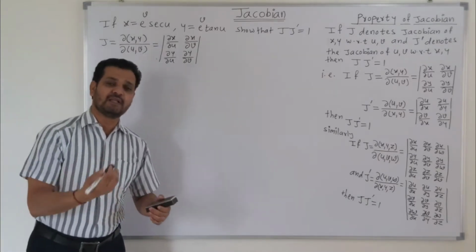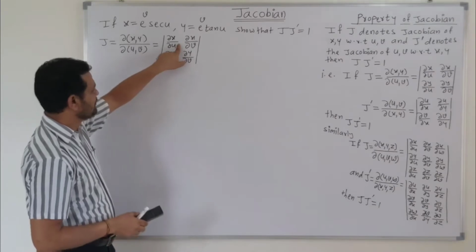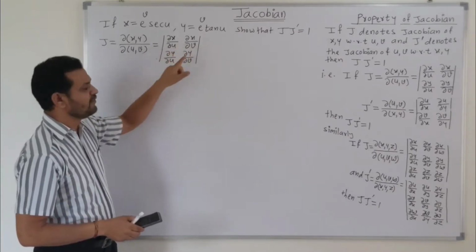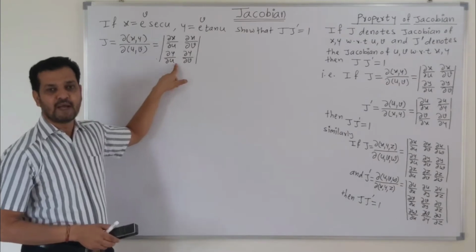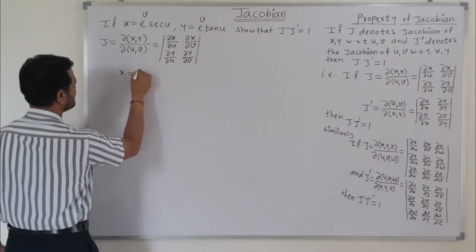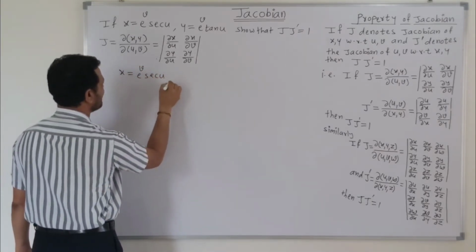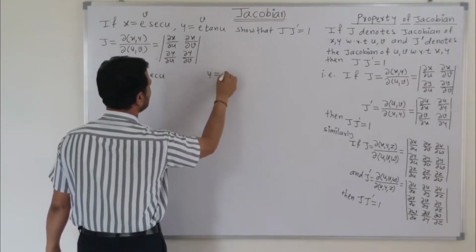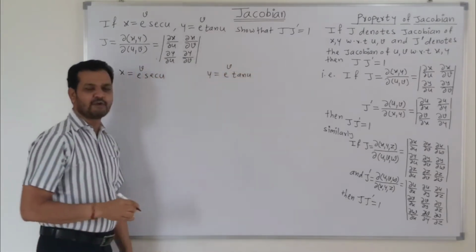To solve the example based on this definition, find the partial derivatives of x with respect to u and v, and similarly of y with respect to u and v. Here the value of x is given as e raised to v times sec of u, and that of y is e raised to v times tan of u.